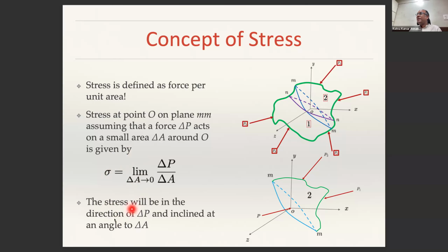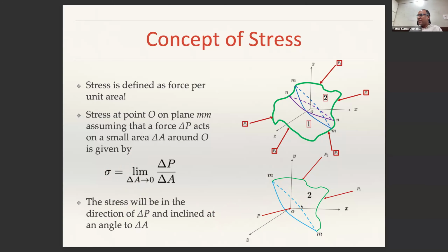And here the stress will be in the direction of delta P, and usually it is inclined at an angle to delta A. When I say delta A, I am talking about an area. Area is not a scalar, it is a vector, meaning we should mention the magnitude of the cross-sectional area and the normal to the surface.